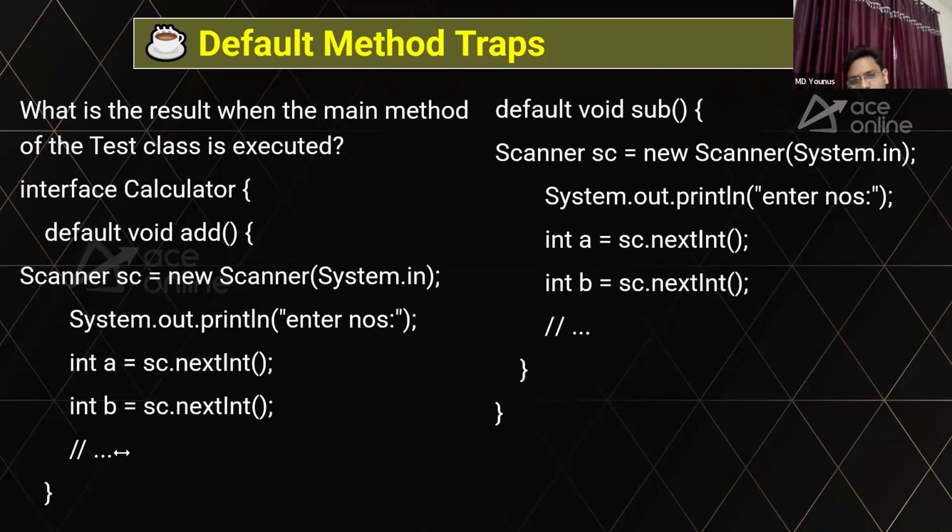Let's say we have just one line of addition and one line of subtraction here. But my question was different. I'm not worried about the output right now. Do you see this program compiles or not? At least this interface, will it get compiled or not?